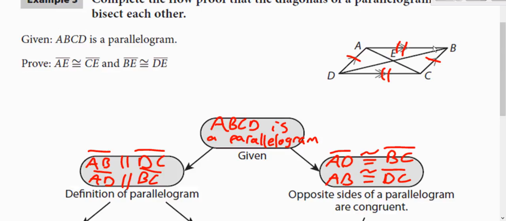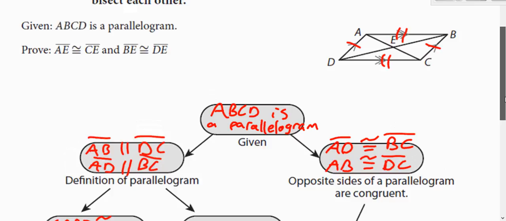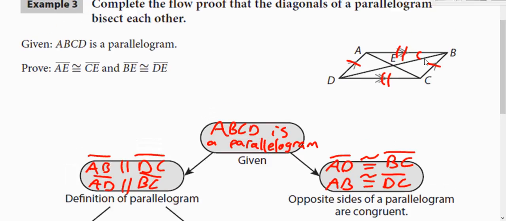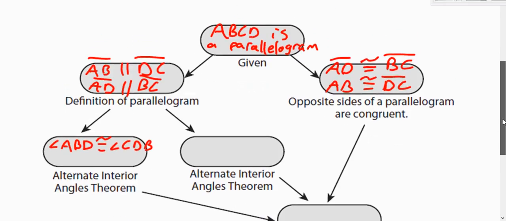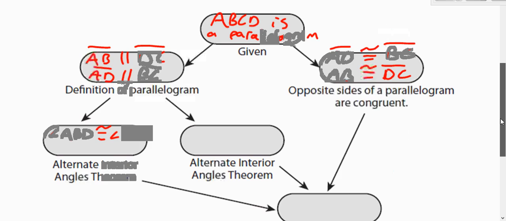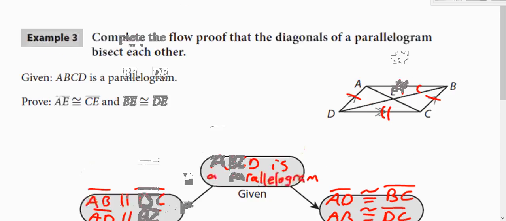We can get angle ABD is congruent to angle CDB. We can also get angle ADB is congruent to angle CBD.